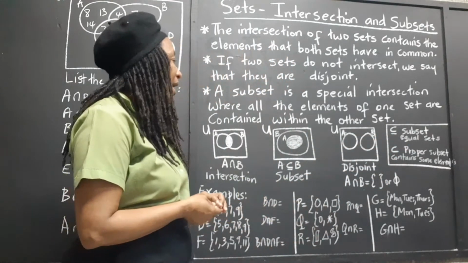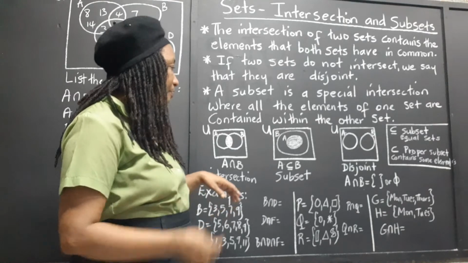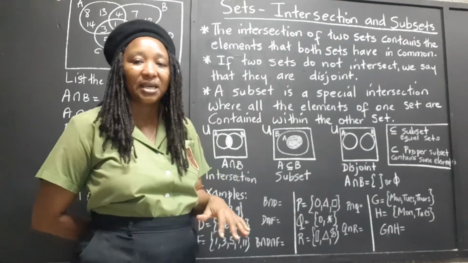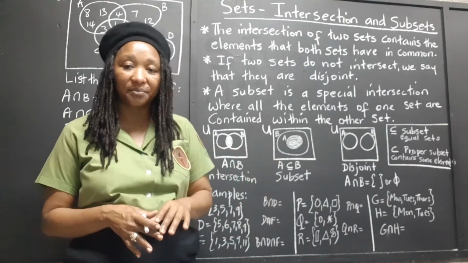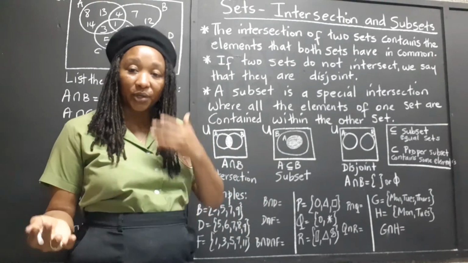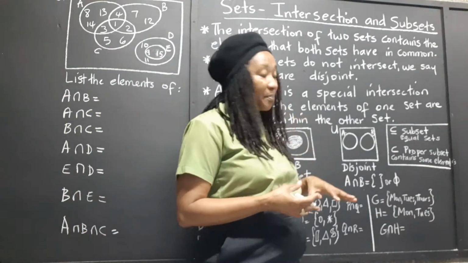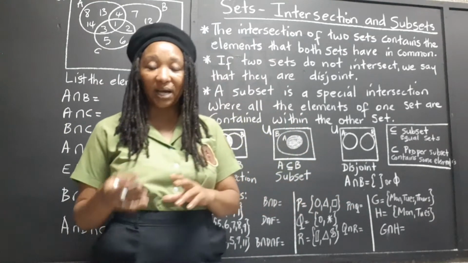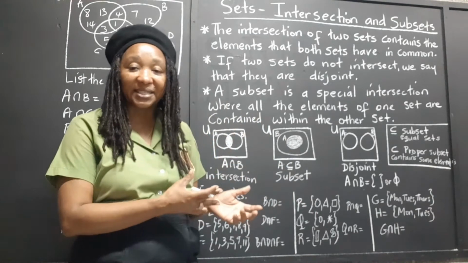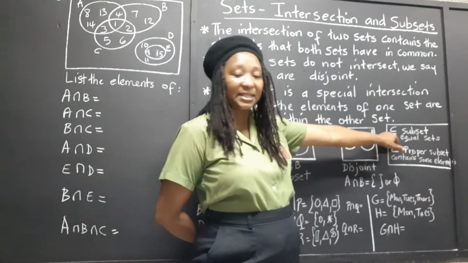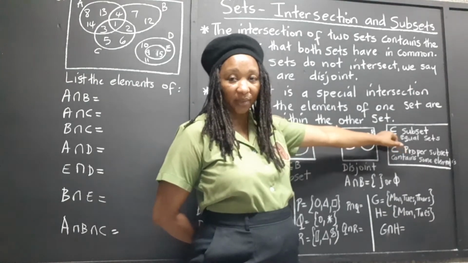Now, if the subset is equal to the other set, so in other words, if all the members of one set are exactly the same members of the other set, then this is the symbol that we use, right?